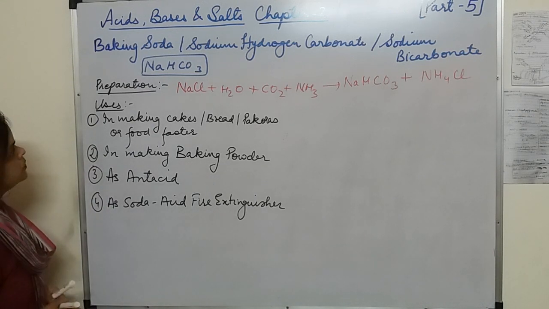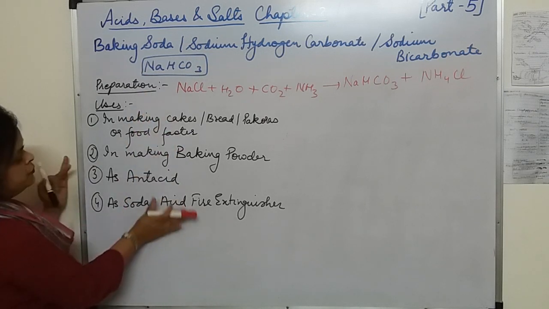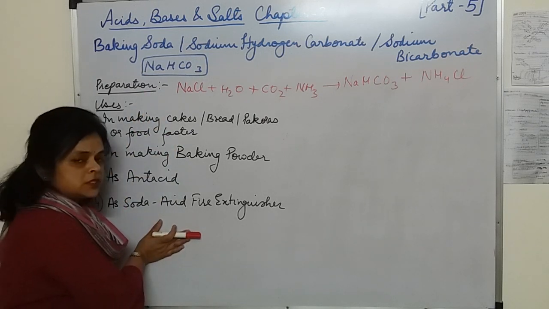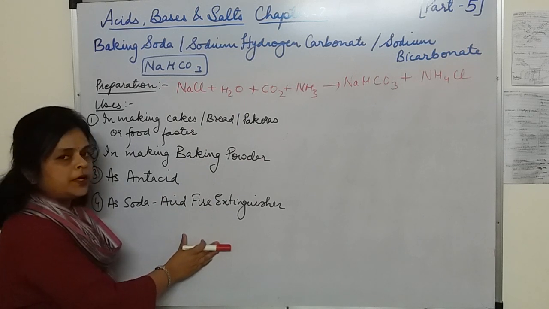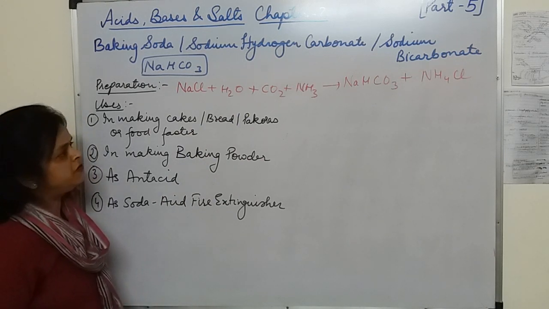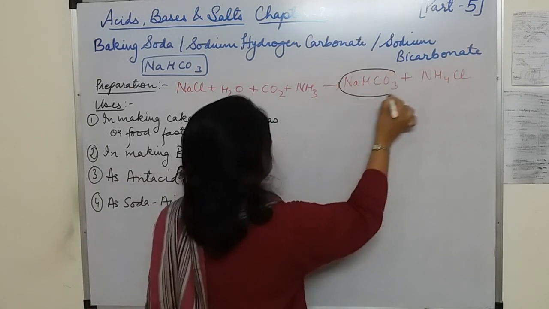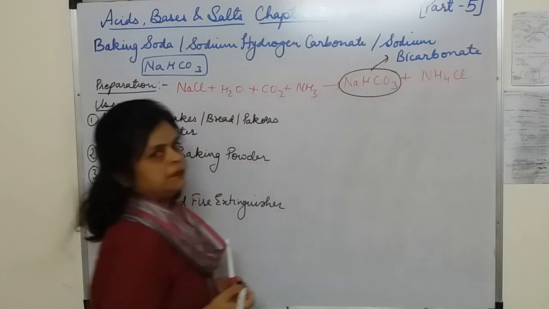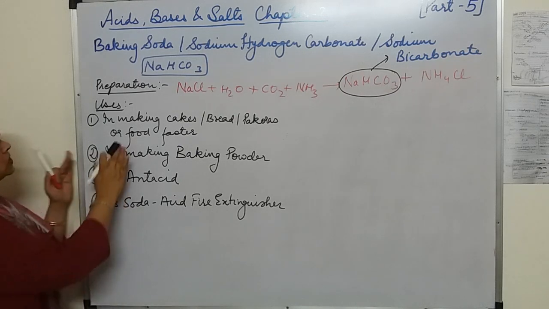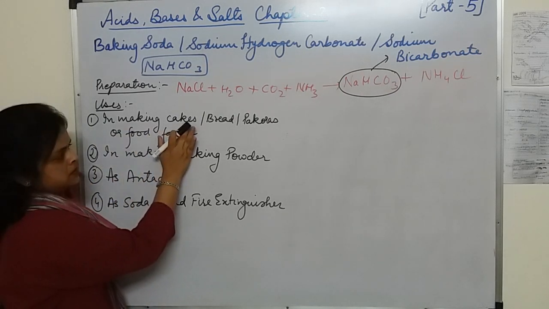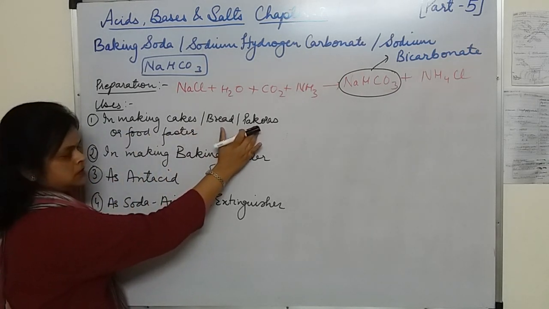Okay, now here students, we are going to focus more on the uses, because each of the uses is quite important and many questions can be framed on it. This is our main substance, that is the baking soda. First of all, it is used in making cakes, bread or pakoras. So why?